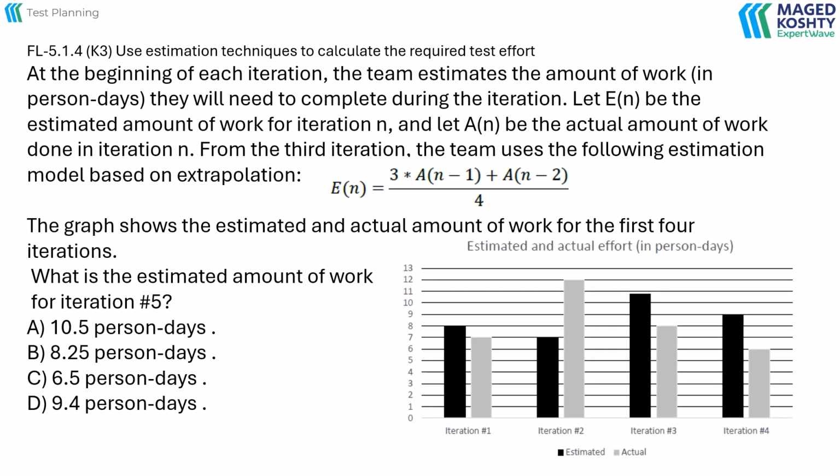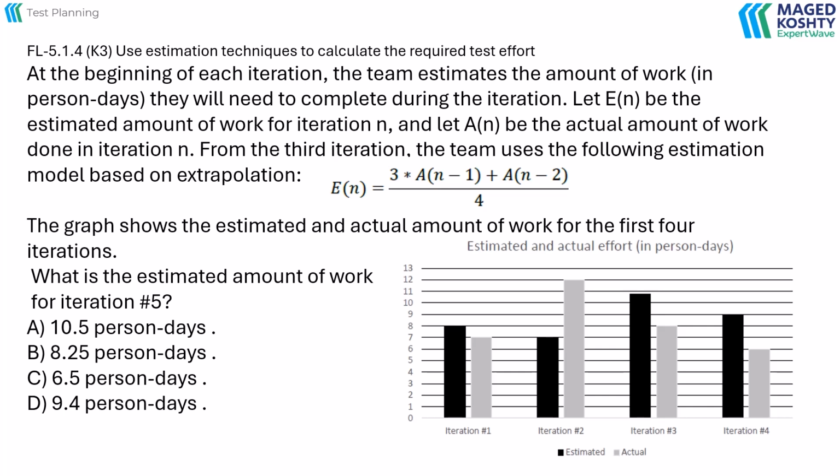Fourth question. Again, don't panic when you see graphs or tables you haven't seen before. Just try to understand the given scenario and things will be pretty easy. At the beginning of each iteration, the team estimates the amount of work in person days they will need to complete during the iteration.